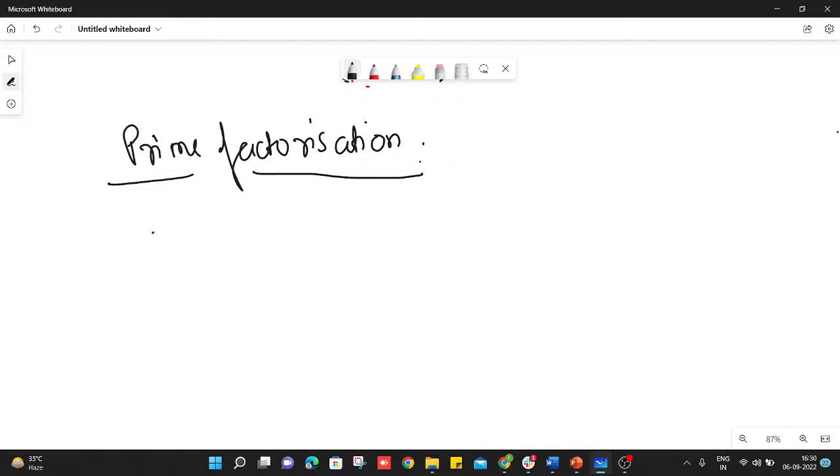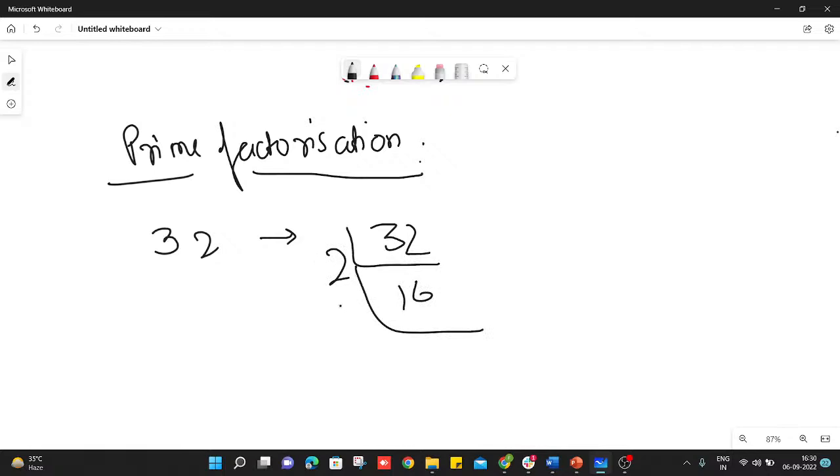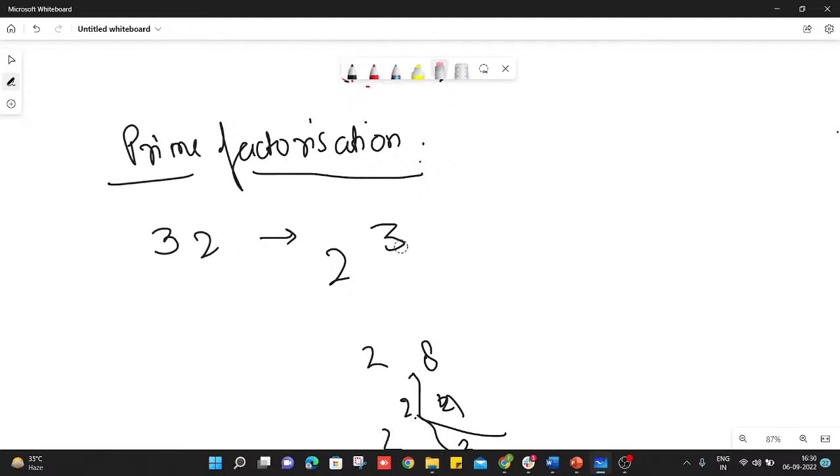Now let's do 32. We will divide by 2 because it's an even number. 16, again 2, again it's an even number, and again an even number. Let me erase it and write it properly.